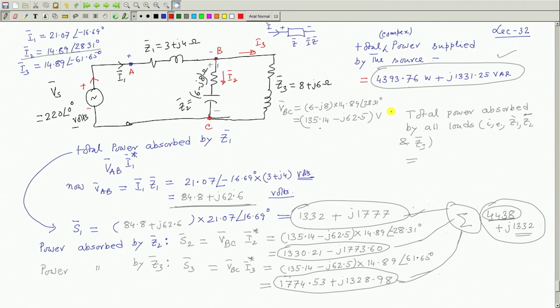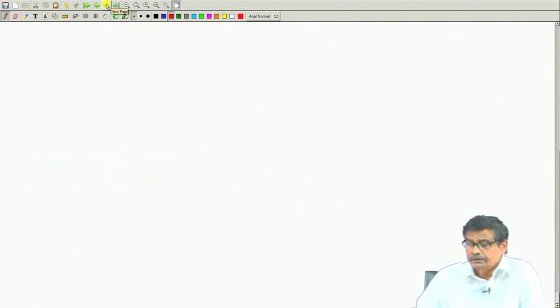The essential point is that in AC circuits we can do the power balance as we did in DC circuits, but here with real and reactive power. Reactive power is the oscillating power, and if a circuit is inductive, its reactive power will be positive, that means absorbing power.